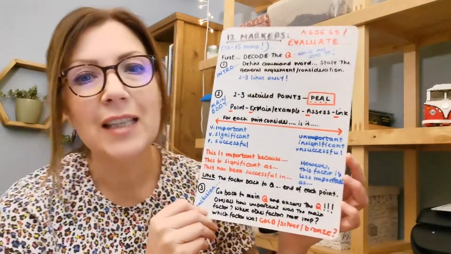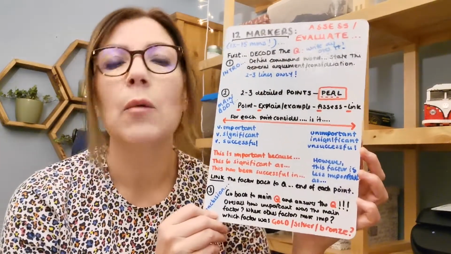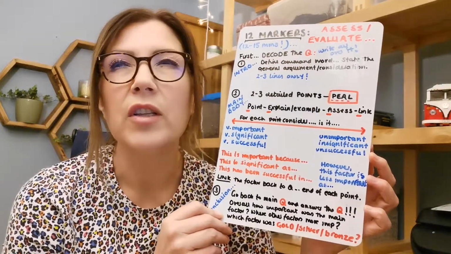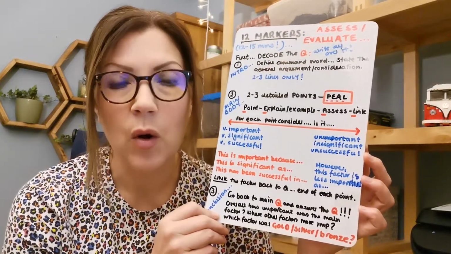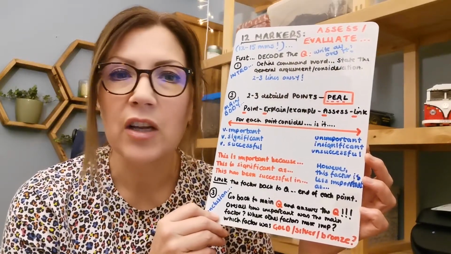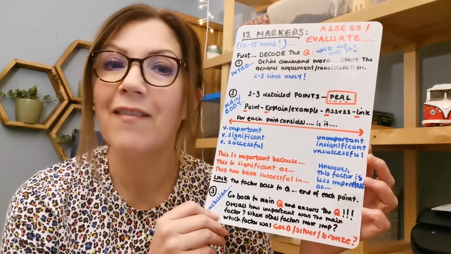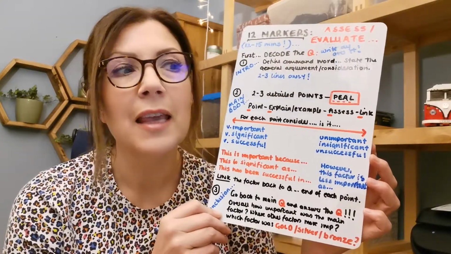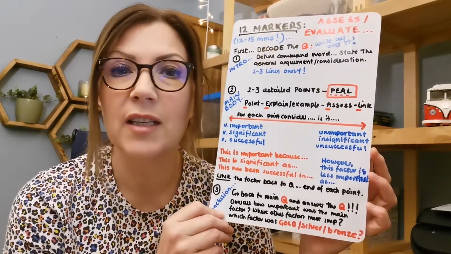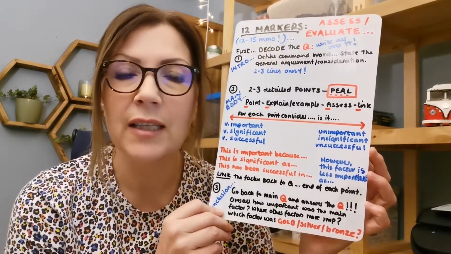So the very first thing I would do is decode the question, and I would take a pen or a pencil and start annotating around that question. I'd look at the command word, I'd look at the topic, what are the main things you're going to have to be thinking about, what are the main factors that you're going to pull out. The question might give you a factor and say assess the significance or assess how important this factor is.